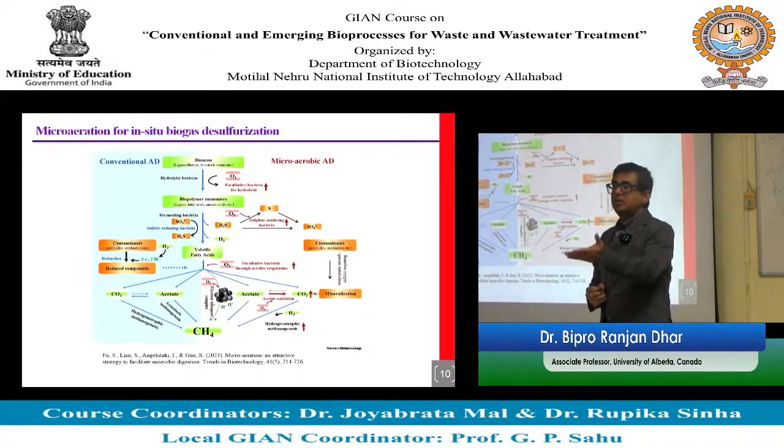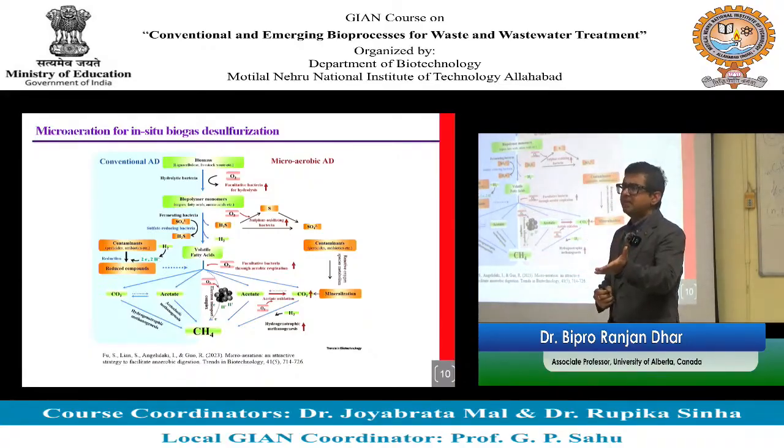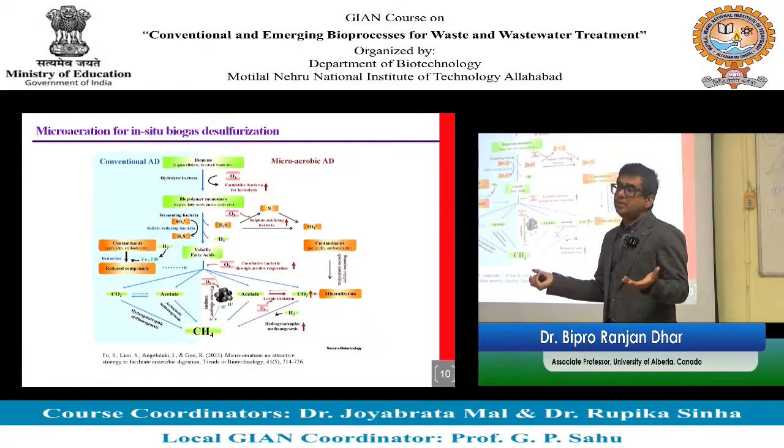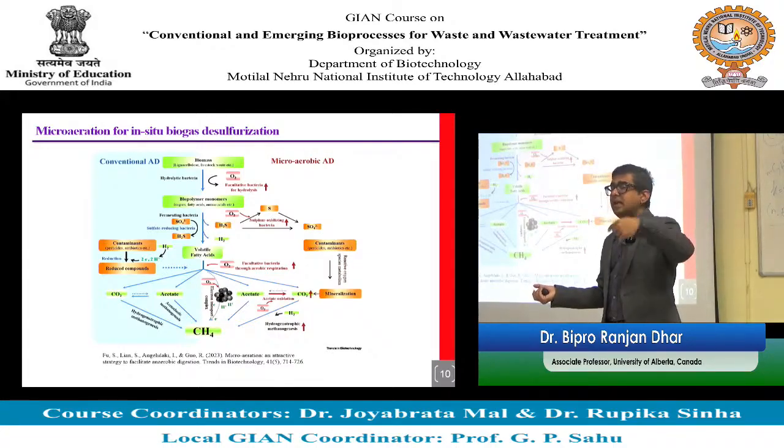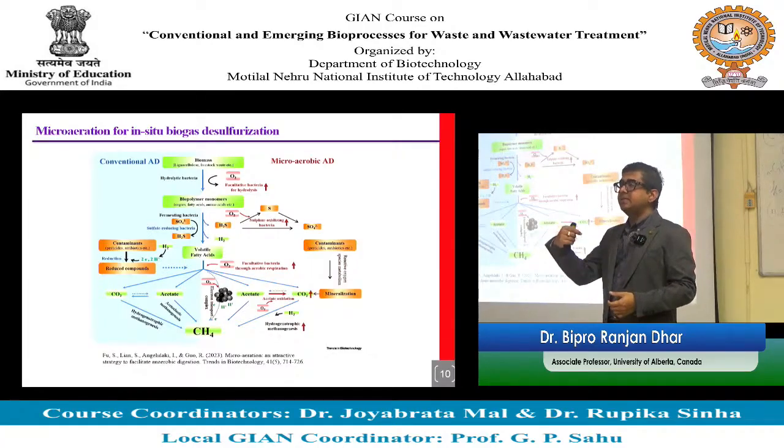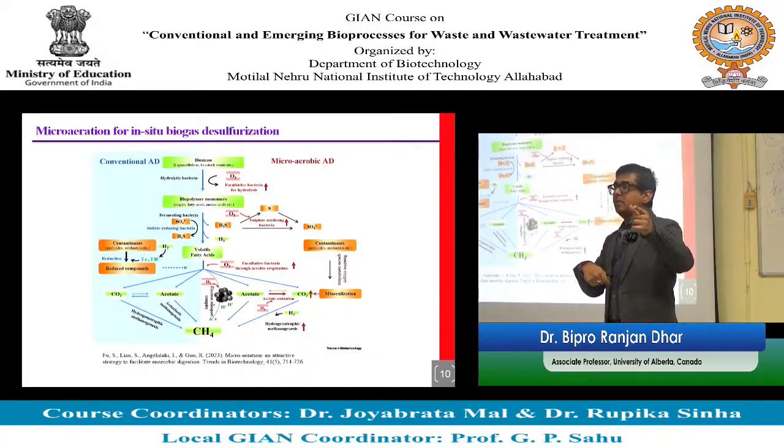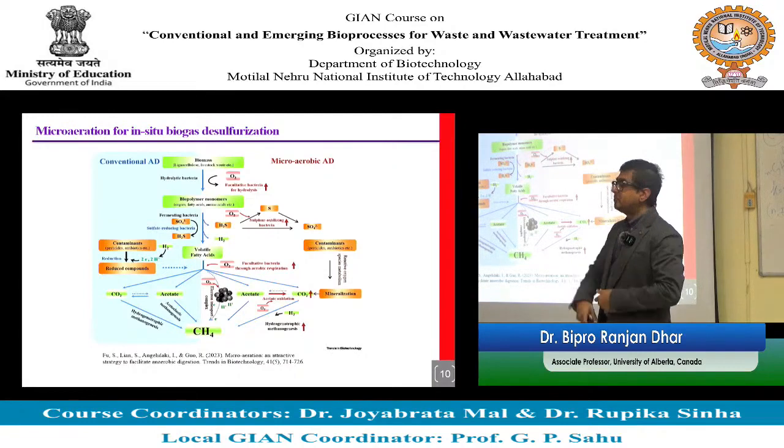We learned in, I think, the very first lecture that sulfate reducing bacteria use organic acid as their electron donor and sulfate as electron acceptor, and convert sulfate to sulfide.